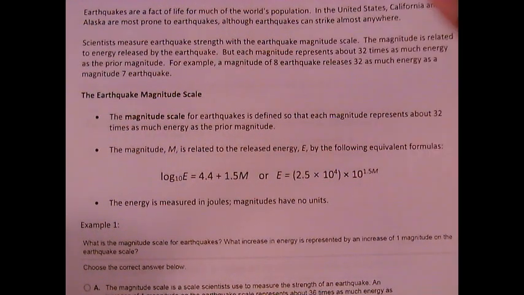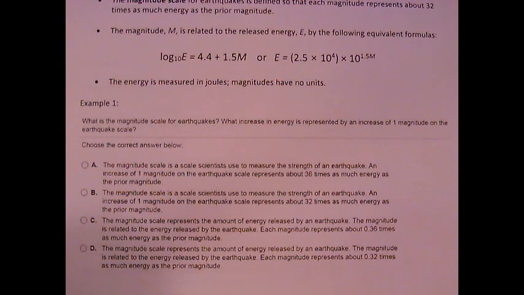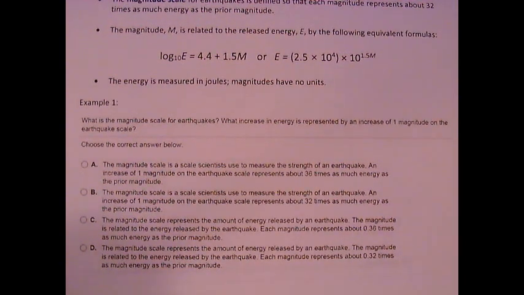Okay, now, example 1 is just asking the question about what is the magnitude scale for earthquakes. What increase in energy is represented by an increase of 1 magnitude on the earthquake scale? You'll have to read through the answer choices and pick which one best answers that question.